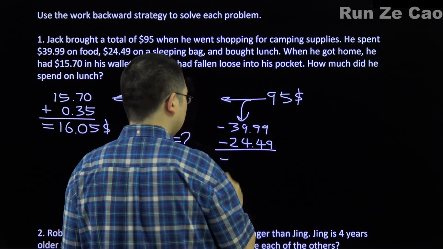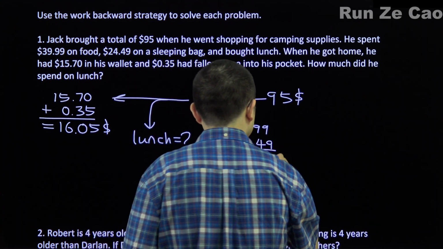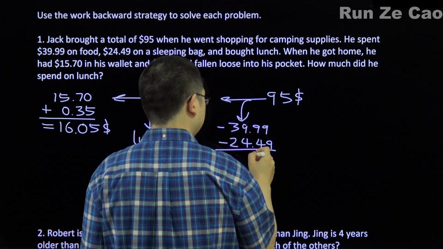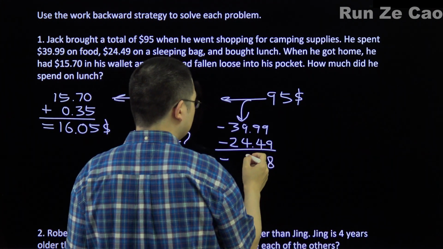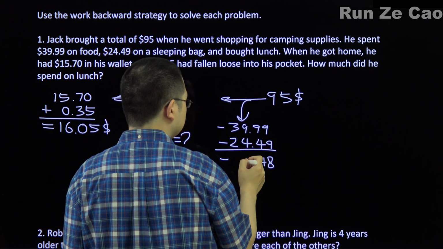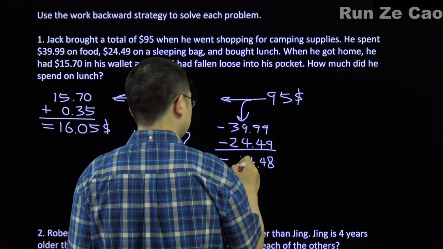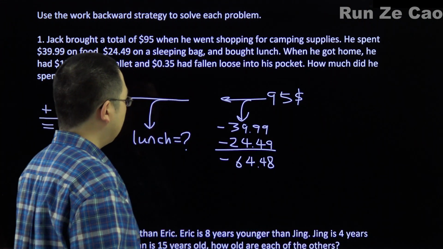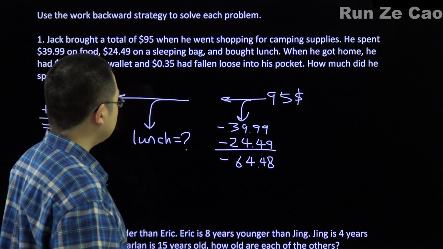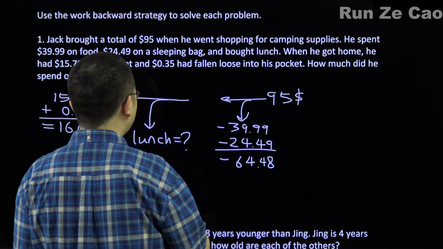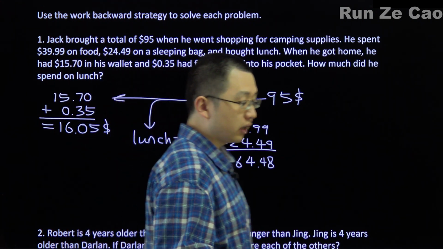So in total, that was minus how much? So 48, and then 64. Okay, so he spent $64.48 before spending some money for lunch.